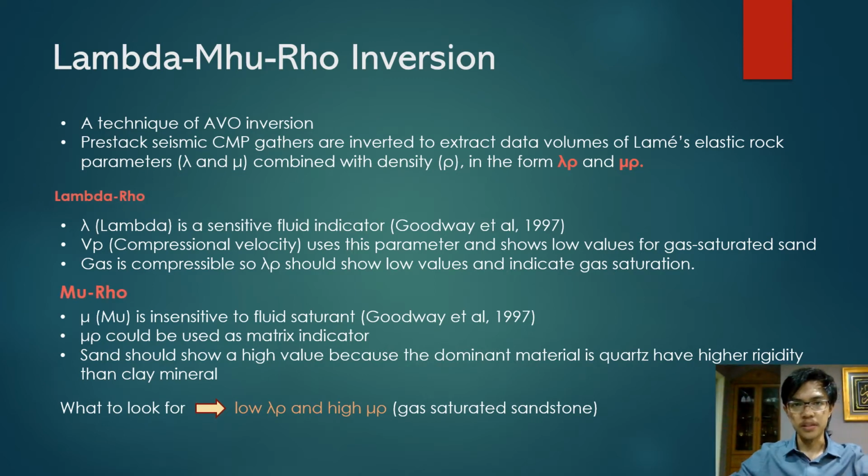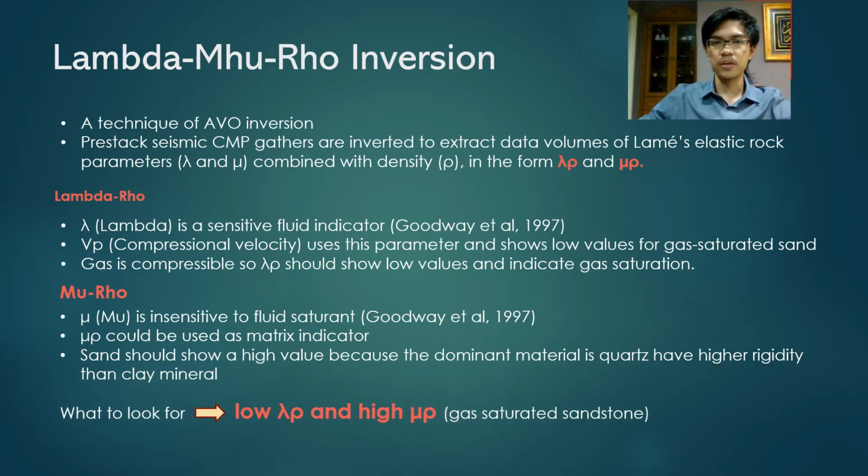Another parameter is mu-rho. Mu is insensitive to fluid saturant, so we can use mu-rho to indicate matrix. And for the reservoir, sand should show a high value in mu-rho because it is dominated by quartz, which has higher rigidity than clay minerals.